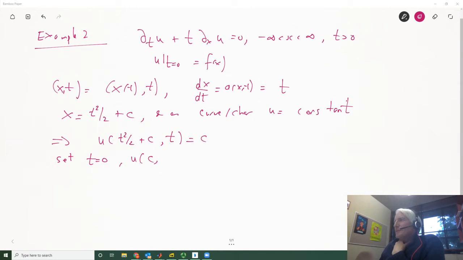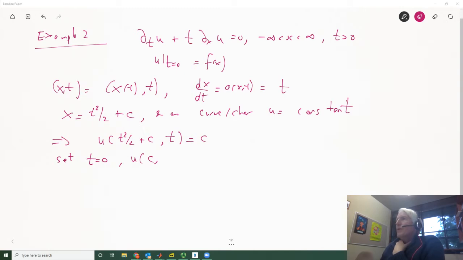I should be careful here to call this a constant, because I've already used c before. Right, it's a constant, it doesn't change, so I can change. So u of c comma 0 is equal to f of c, and then I've just got to solve for what c is equal to.